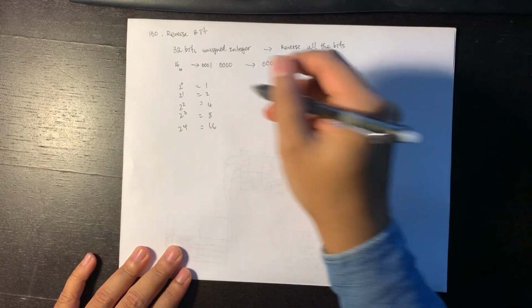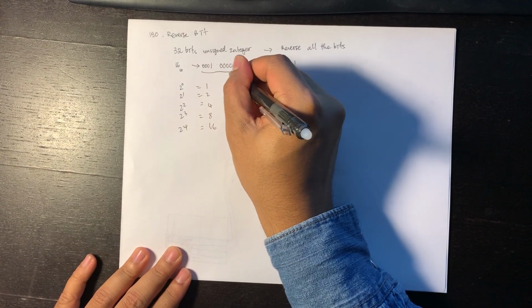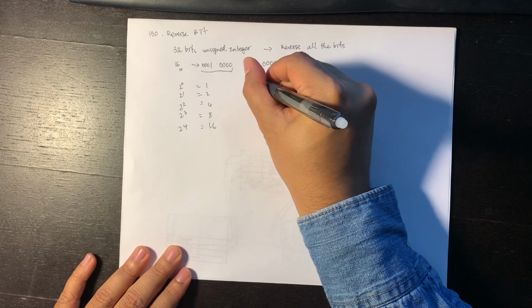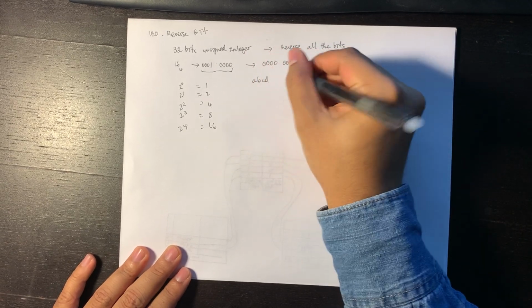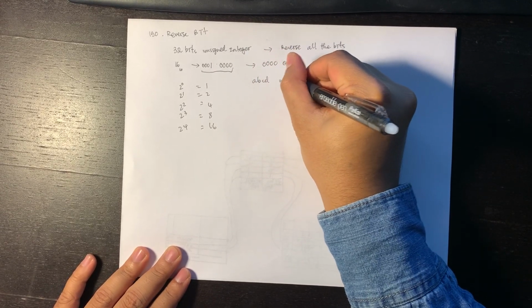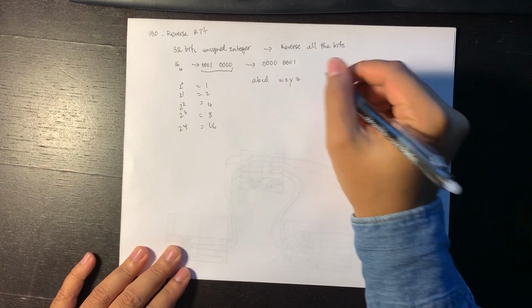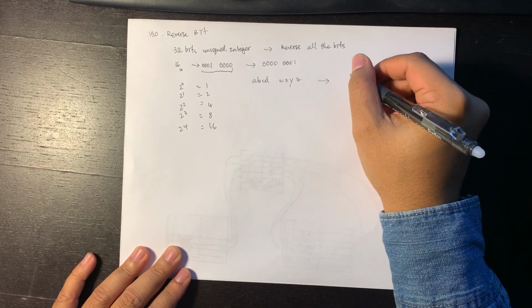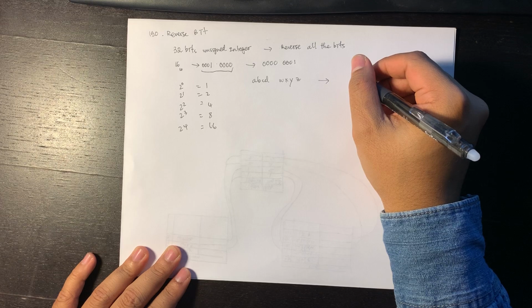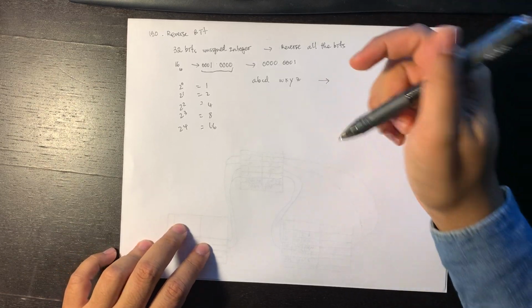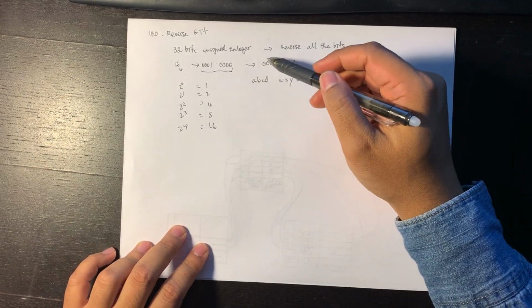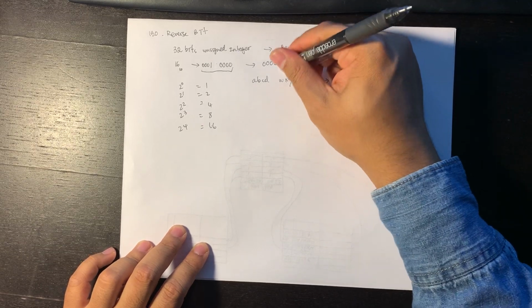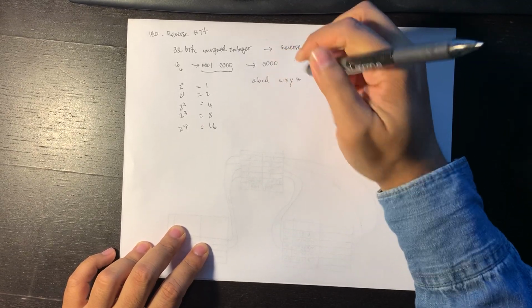So instead of writing it in this form, let's try it with A, B, C, D, W, X, Y, Z. And you want to transfer this into, wait, I think I'm wrong. I'm supposed to get this instead.